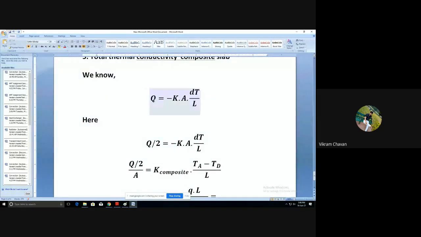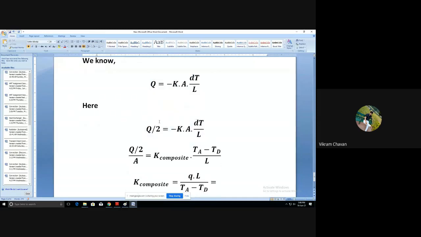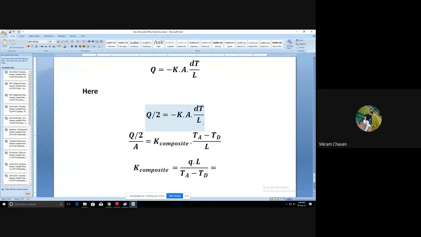Then we have discussed that Q is equal to minus K multiplied by A multiplied by dt divided by L. In our case we have to consider Q by 2 for one slab, which is equal to minus K multiplied by A multiplied by dt divided by L. Now we are considering this equation for the complete composite wall, so thermal conductivity will be considered as K composite. dt is the overall temperature difference, Ta minus Td, and L will be considered as the total thickness of the slab.